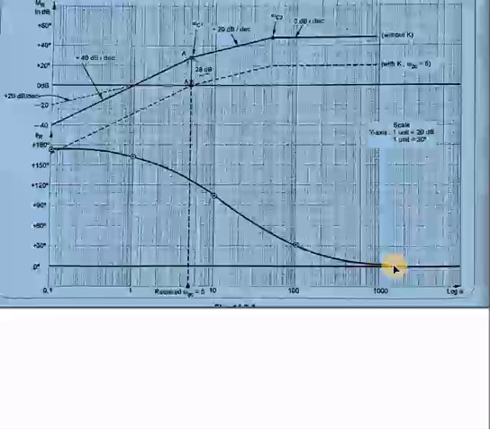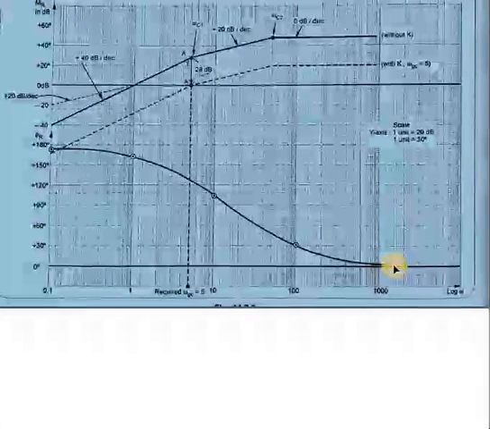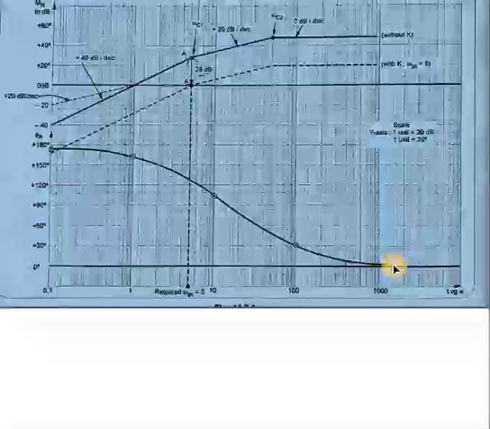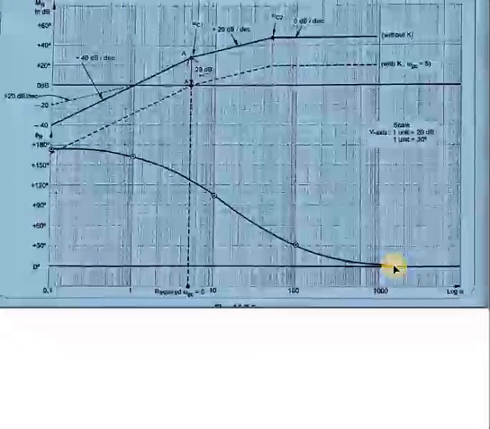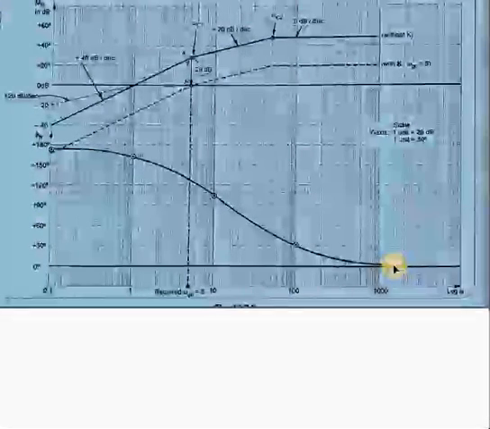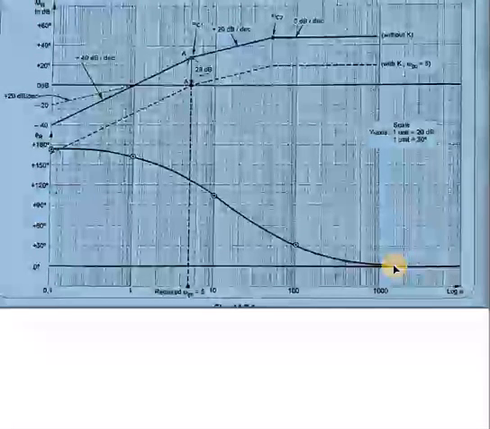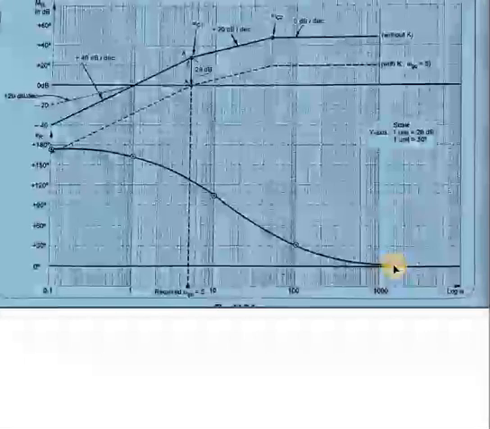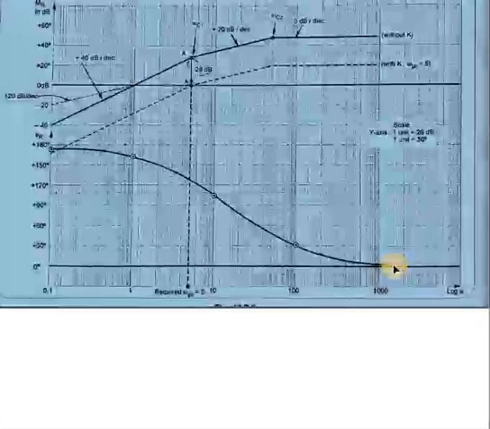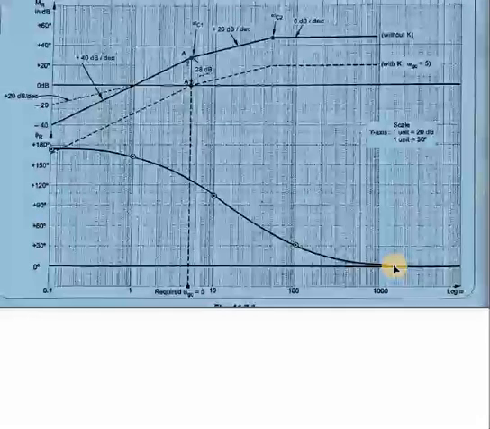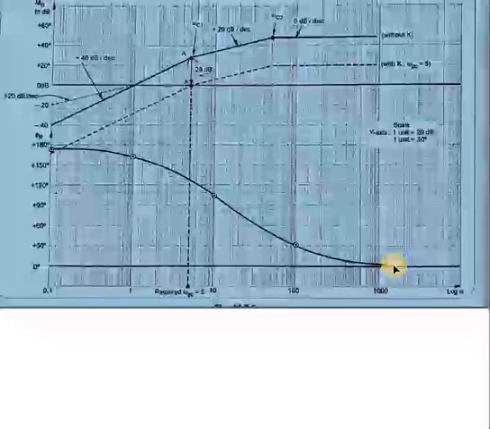That means wherever your magnitude plot intersects with the 0 dB line, from that point we used to draw a vertical line towards the downside up to that omega line. Wherever that line intersects with that omega line, that frequency value, we are going to take it as gain crossover frequency. But here we know that equation, we know that value, that is we know that frequency. From that frequency we need to calculate the value of K.